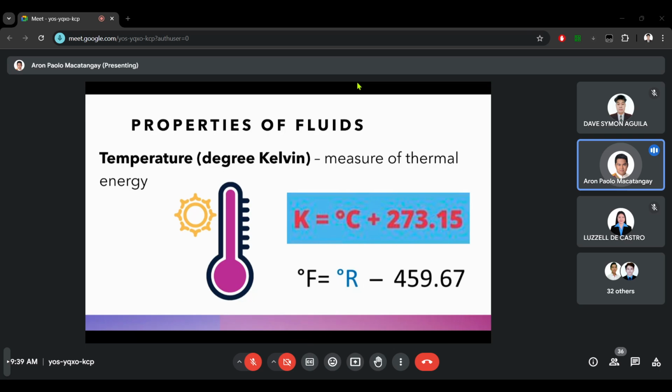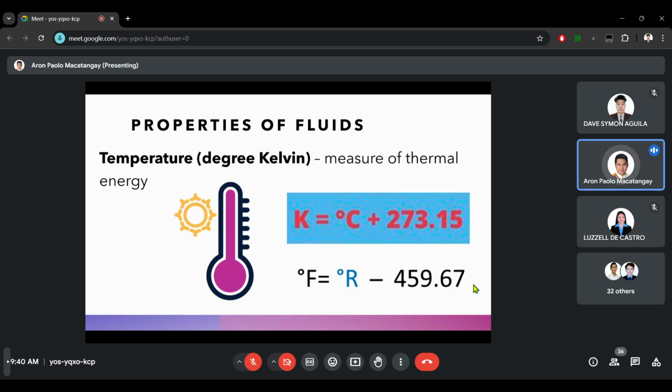I hope by now you are familiar with the conversion between Celsius and Fahrenheit, but the conversion from Celsius to Kelvin will just need you to add 273.15. Conversion from Fahrenheit to Rankine, you need to add 459.67.